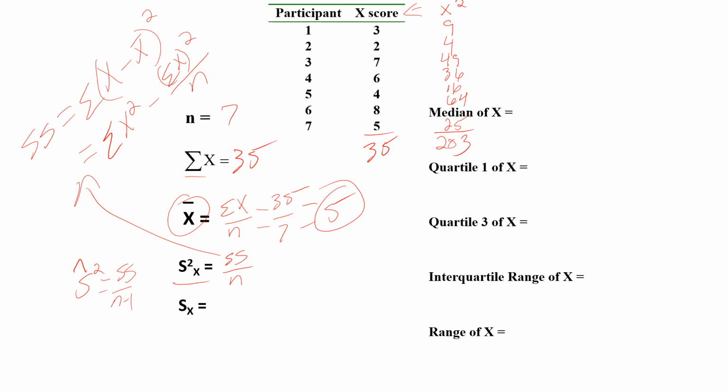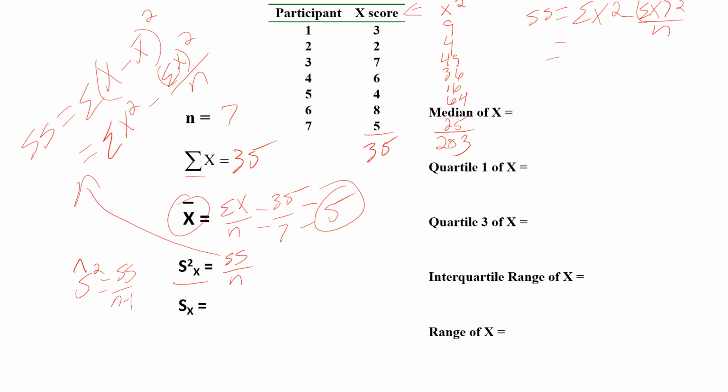So sum of squares, we'll put it up here at the top. The sum of squares equals the sum of x squared minus the sum of x, that value squared, divided by n.